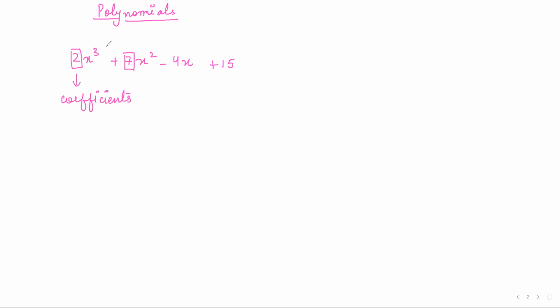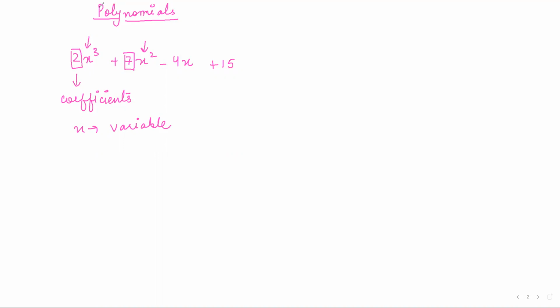And this x is known as the variable. So expressions like this, which contain some variables and their coefficients, are called a polynomial.